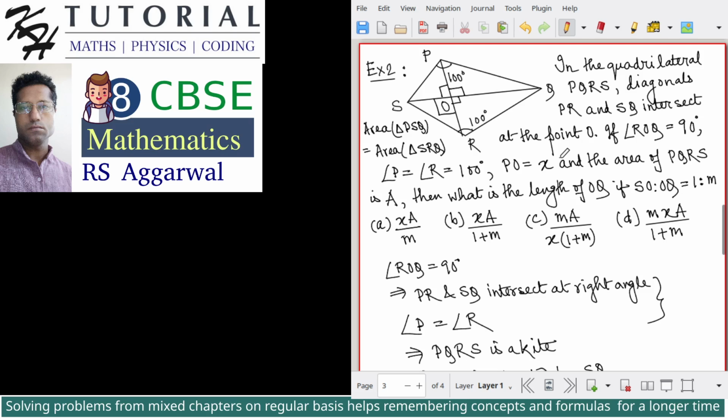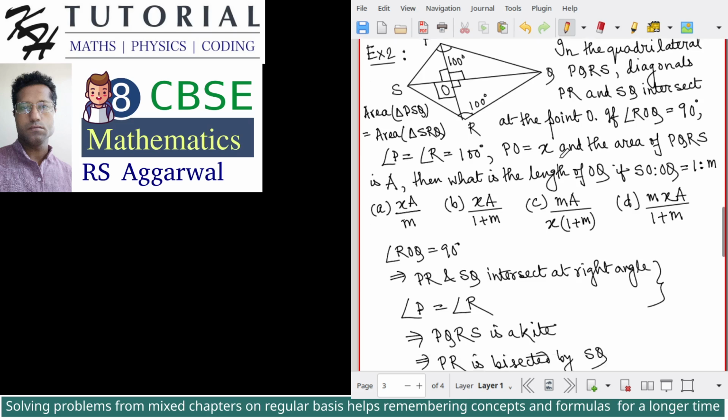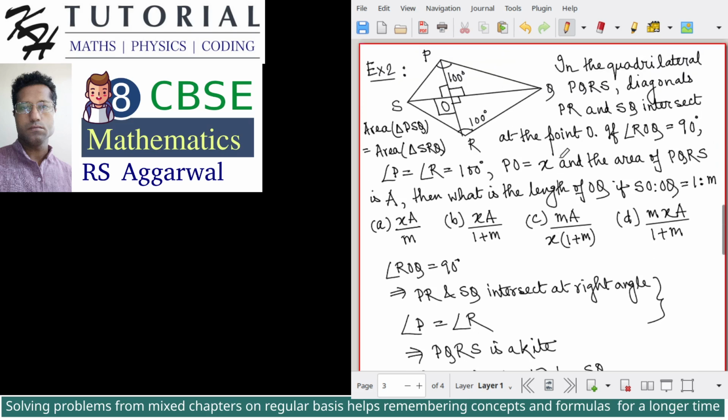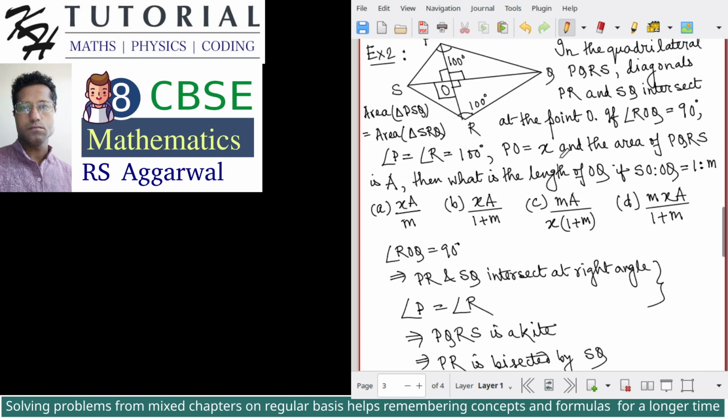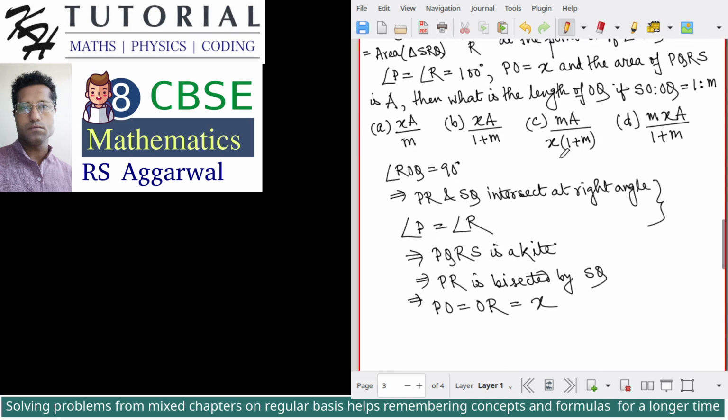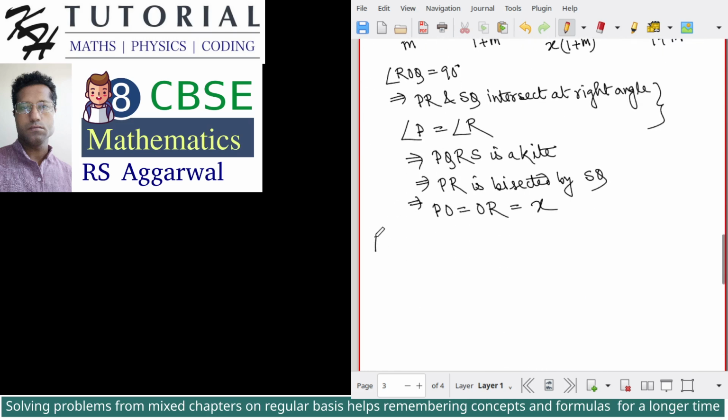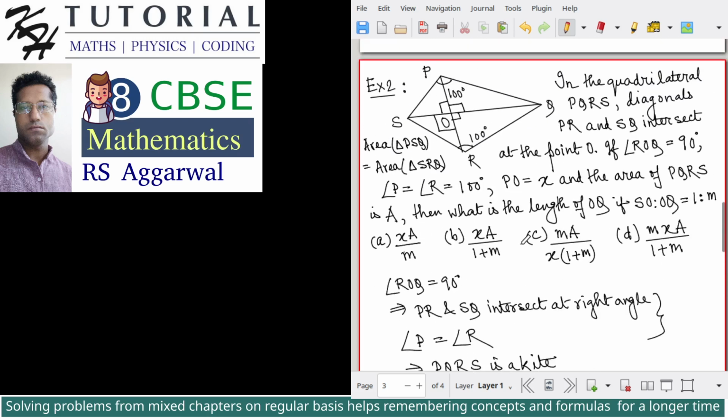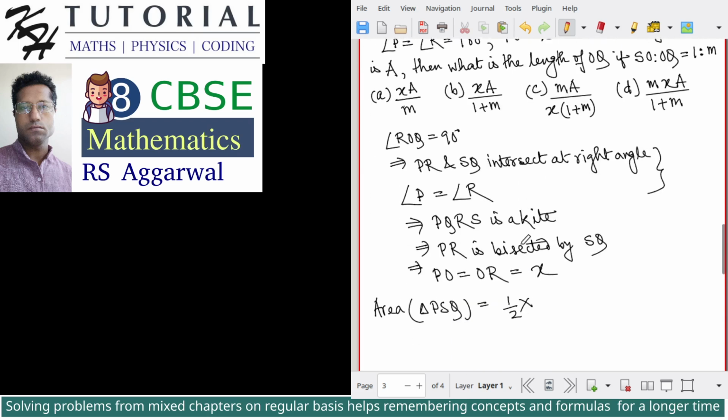So what is the area of triangle PSQ? The area of triangle PSQ will be equal to half the base, which we can consider as SQ, and the height as PO.